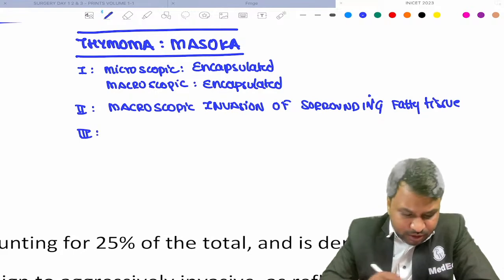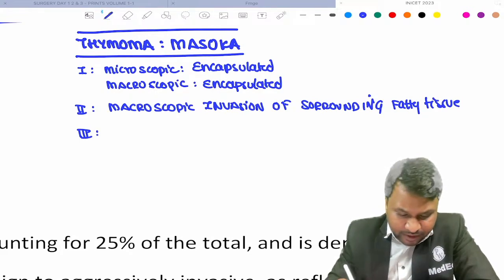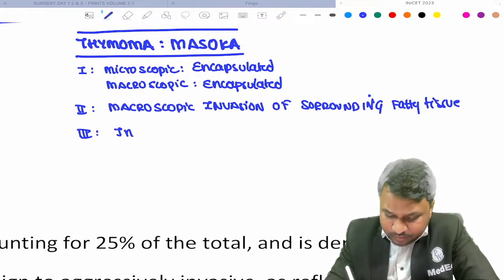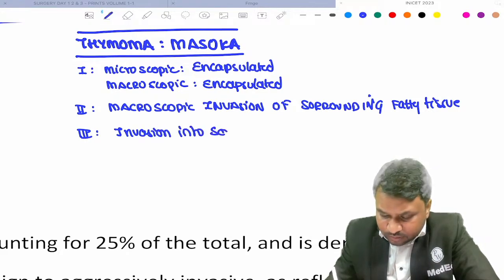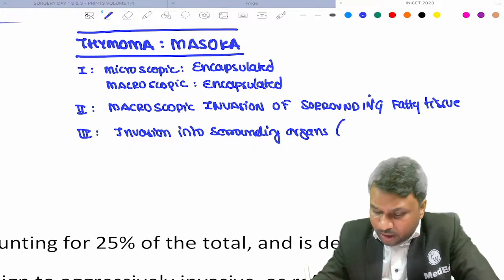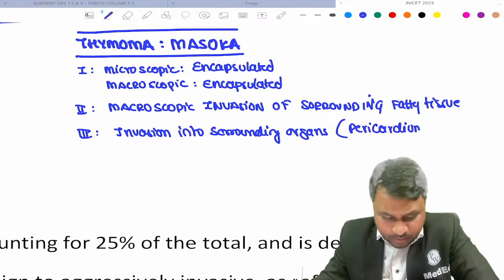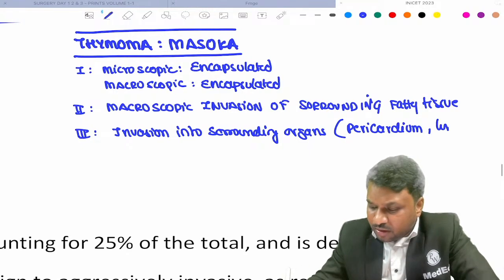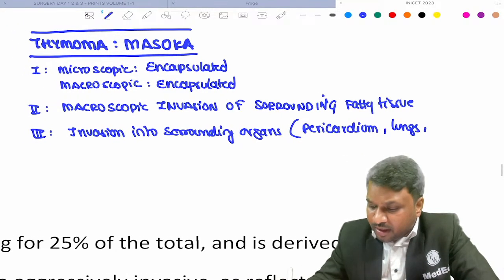For stage 3, there has to be invasion into surrounding organs. When I say surrounding organs, we're talking about the pericardium, the lungs, and the great vessels.